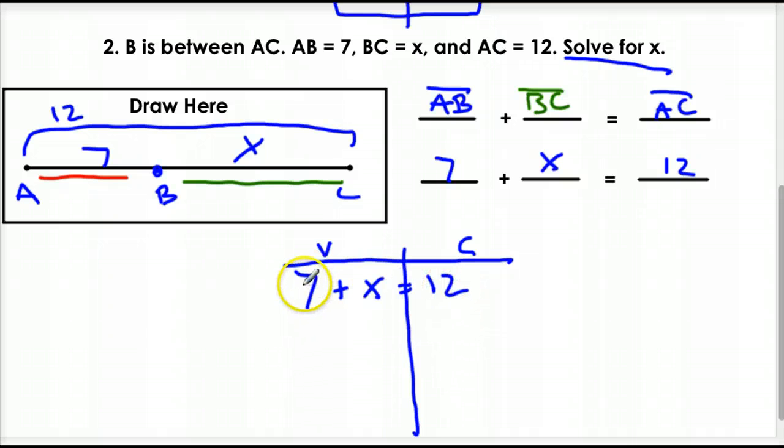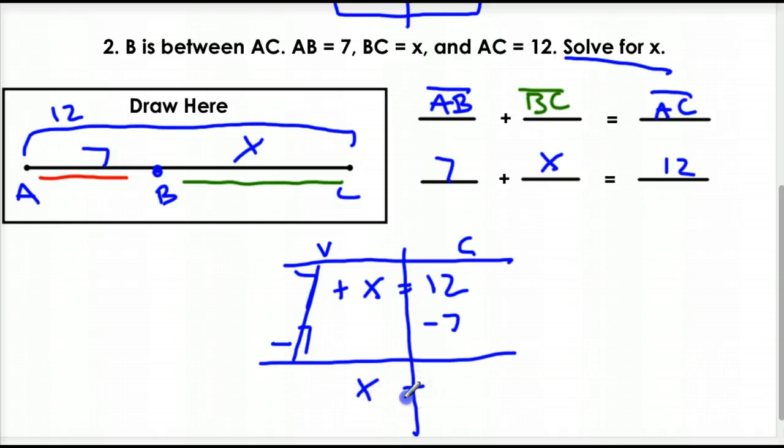No, because that's a positive 7. If this is positive, we need to subtract 7 from both sides. When I do that, the 7's cancel, and I get x equals 12 minus 7, which is 5. And that is how it is done.